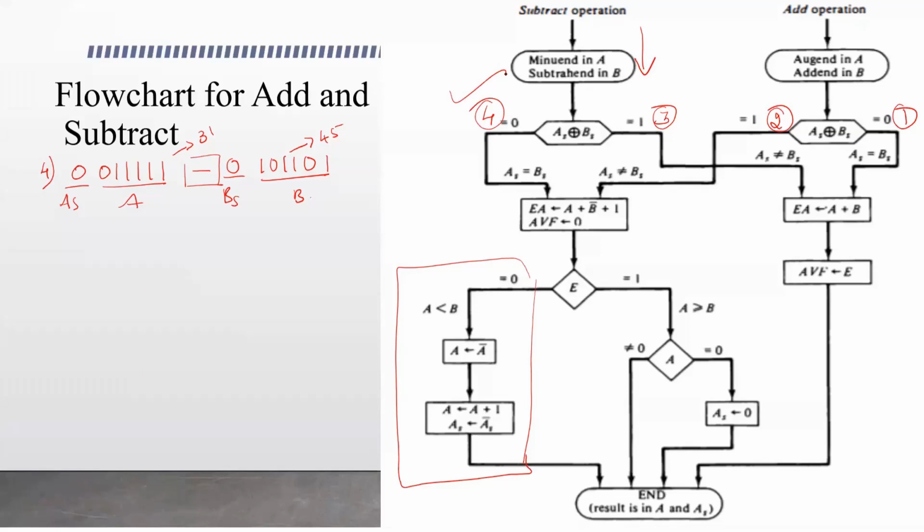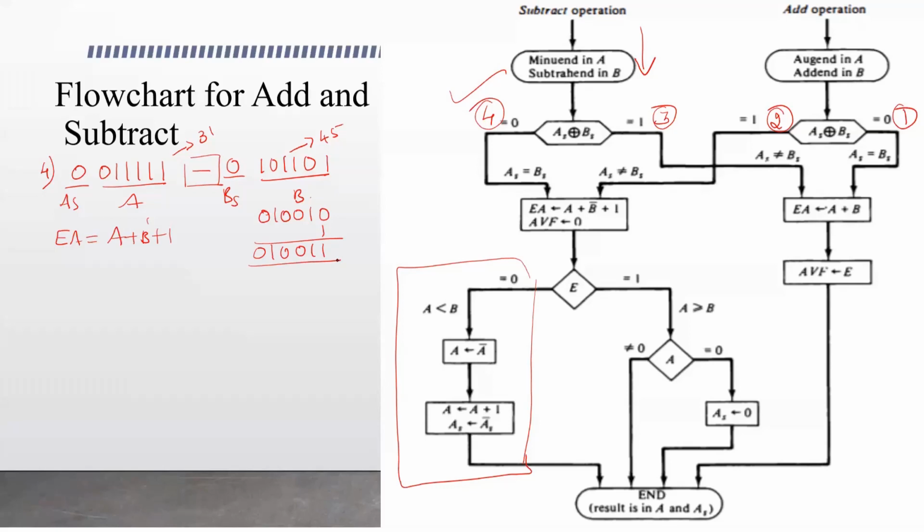So here what we do, the operation to be performed is EA is equal to A plus B complement plus 1. B is 1 0 1 1 0 1. Let's find the 2's complement of B. 0 1 0 0 1 0 plus 1 gives 0 1 0 0 1 1.